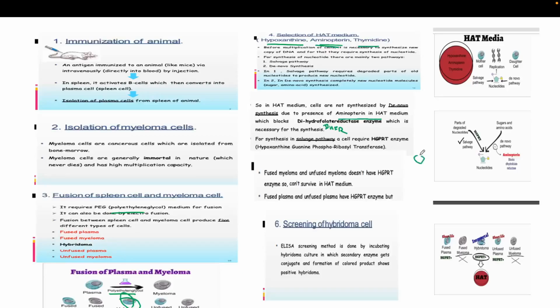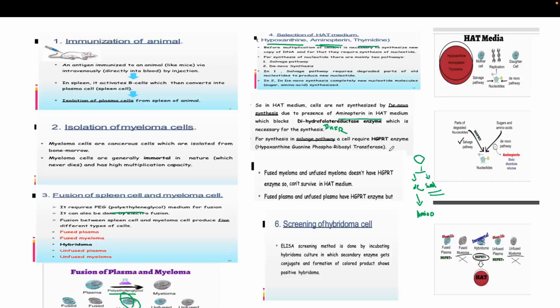Cells have two pathways: first the de novo and second the salvage. The de novo pathway is blocked because of the presence of aminopterin, so only the salvage pathway is left. For synthesis in the salvage pathway, the cell requires the HGPRT enzyme.